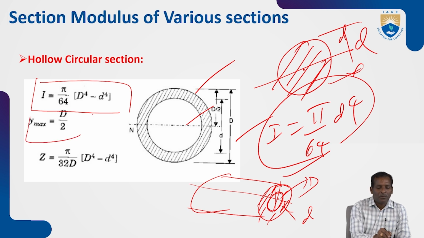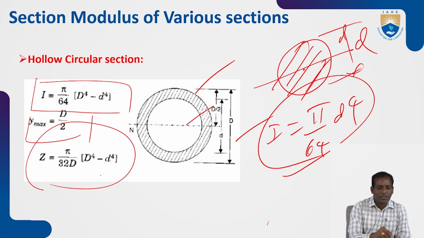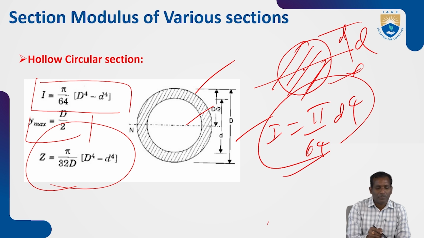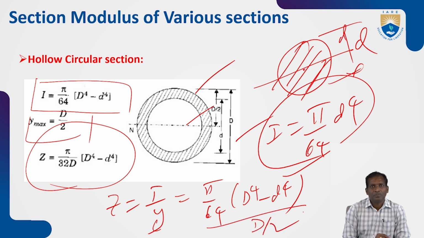So the Z is equal to pi by 32D into D to the power of 4 minus small d to the power of 4. So after simplification, Z is equal to I by Y. I is already given, pi by 64 into D to the 4 minus small d to the power of 4, divided by Y. Y is equal to capital D by 2.